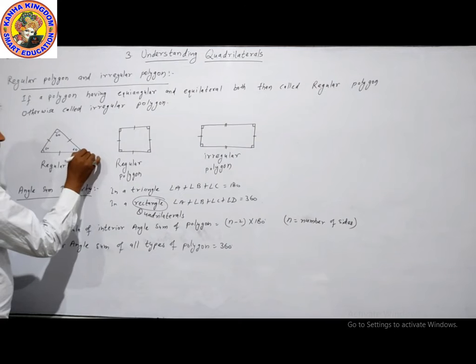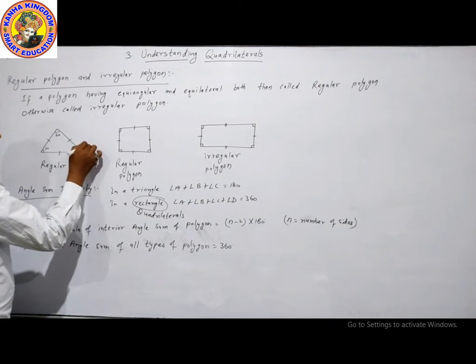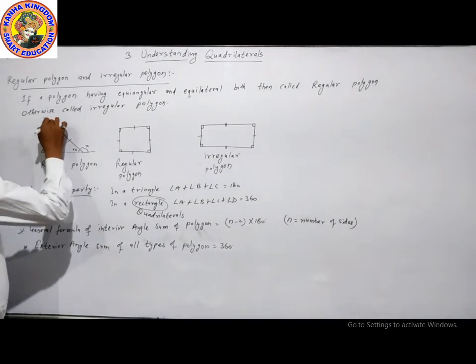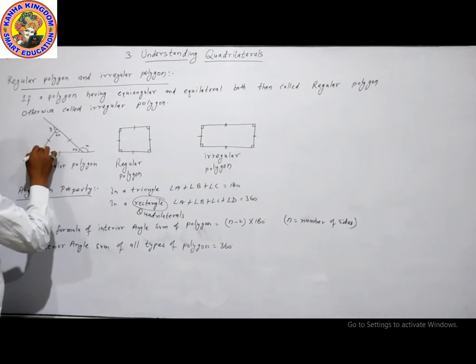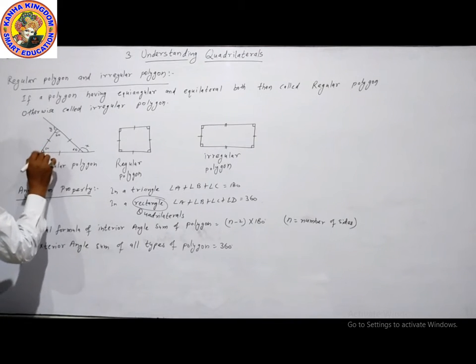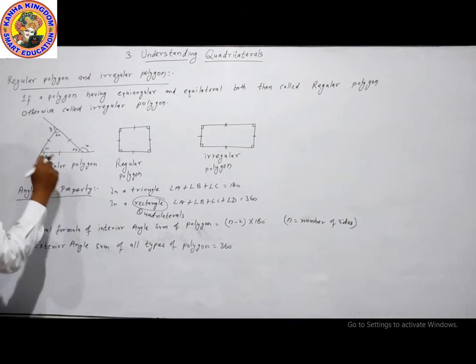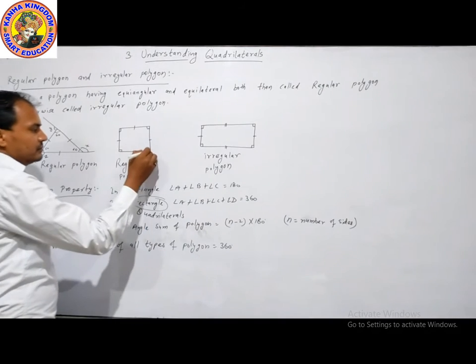Taking this as x, this as y, this as z: x plus y plus z is equal to 360.